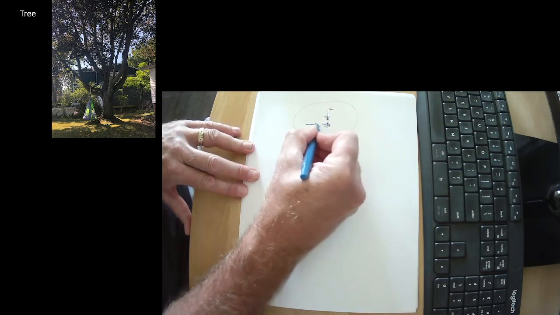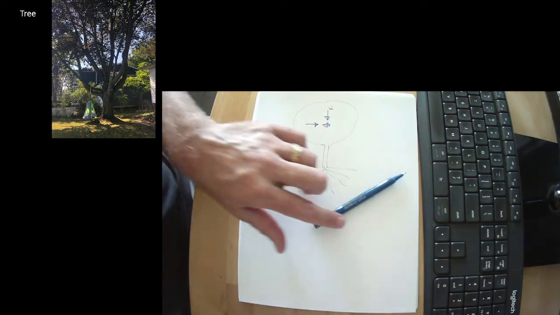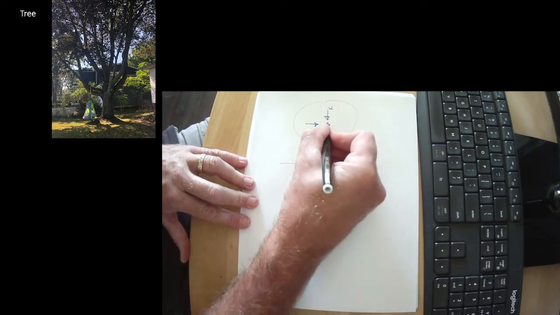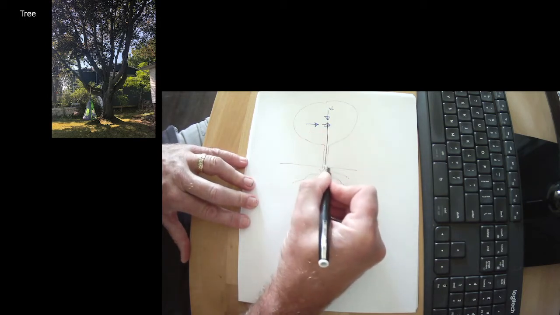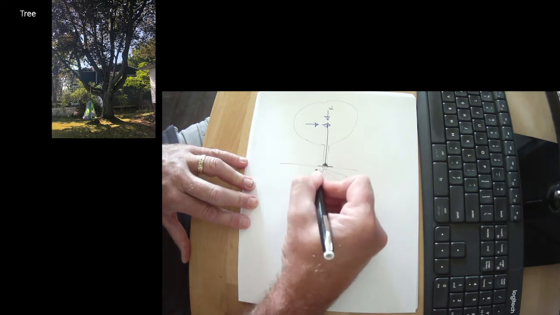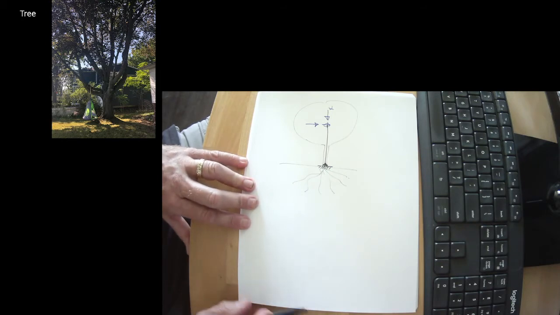We have a horizontal force. We could simply draw this free body diagram. We could represent the tree as a stick and put a fixed base condition here.